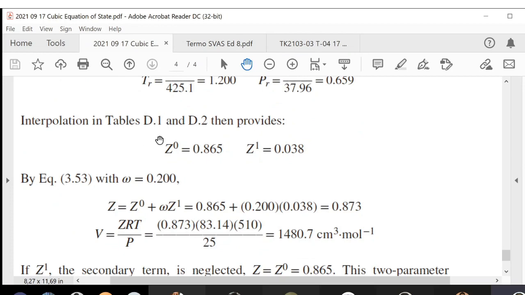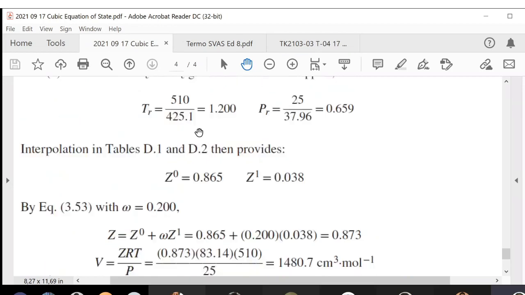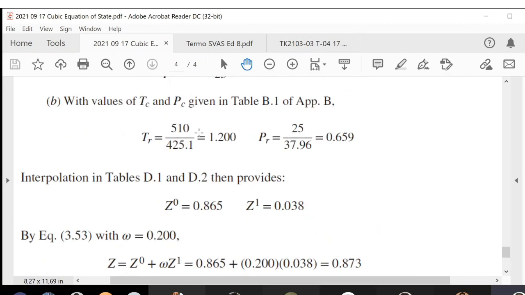It is on table D1 and D2. Later we will go to that table, but in order to use that table, we need to calculate the TR and PR. Remember TR? Temperature divided by the critical temperature.